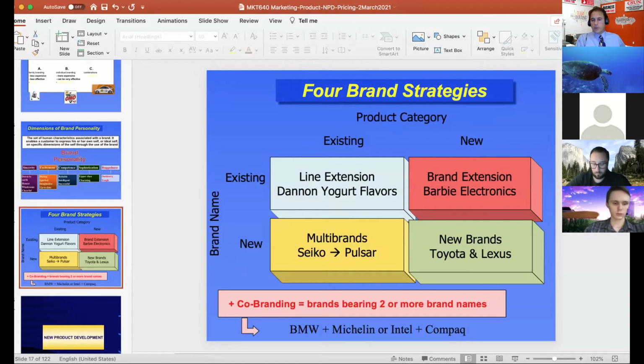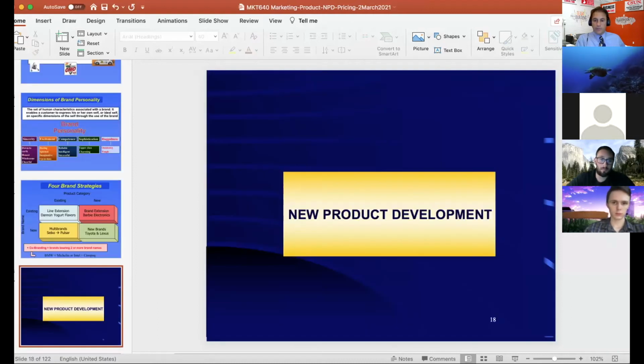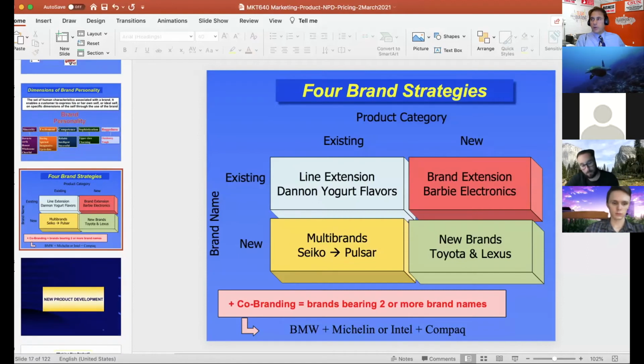When you're using the same brand name for a new product category, it's called brand extension. So it's like Barbie doll, Barbie electronics, Barbie video games. So Barbie here is going to be the same name, but for a new category, and you just add the extension of the specific model, specific category of product that you're using.